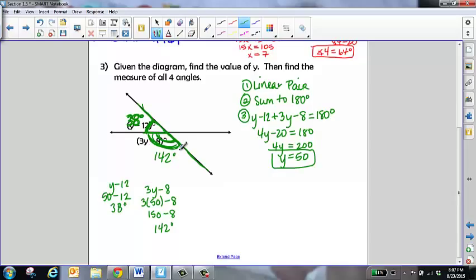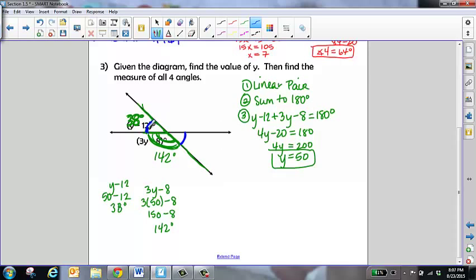So now how can we find the measure of the other angles? There's a couple ways you can do it. One way is by actually using vertical angles. So this angle here, this 38 degrees, is opposite or across from this angle here, because remember, we have 2 intersecting lines, so we should have vertical angles, okay?